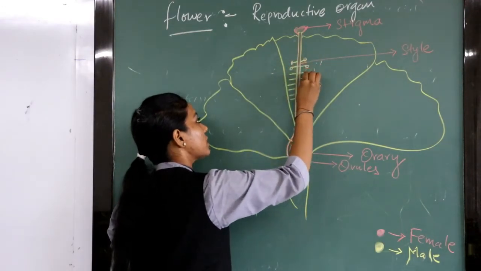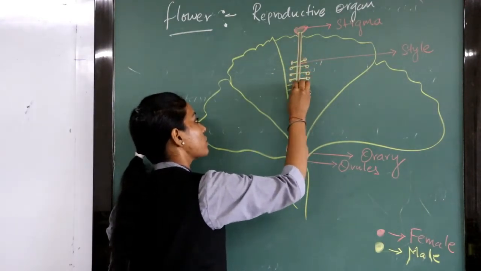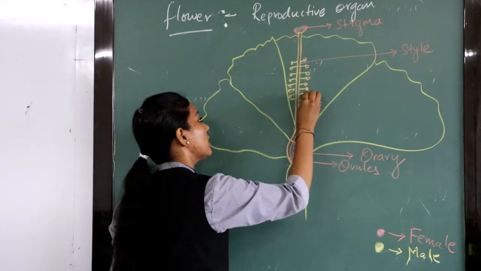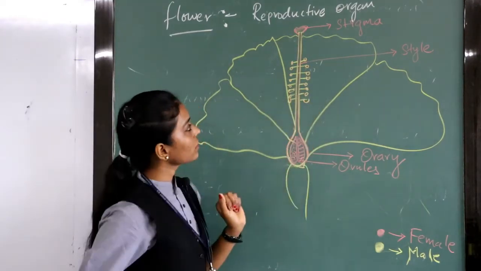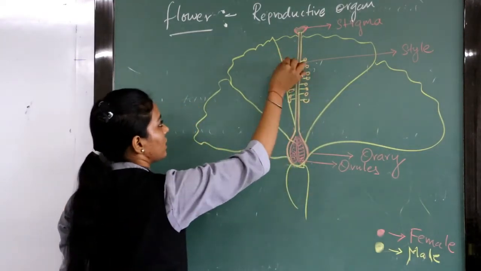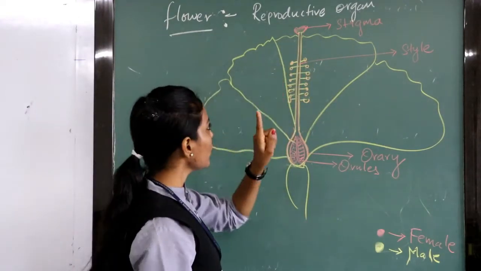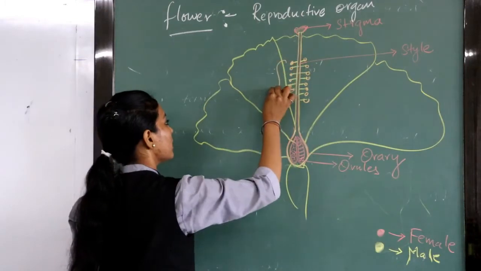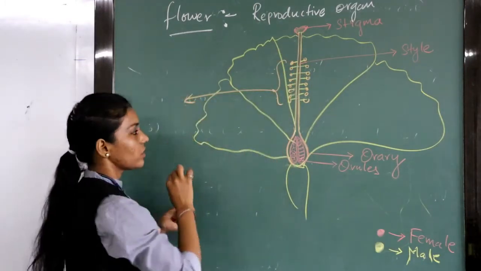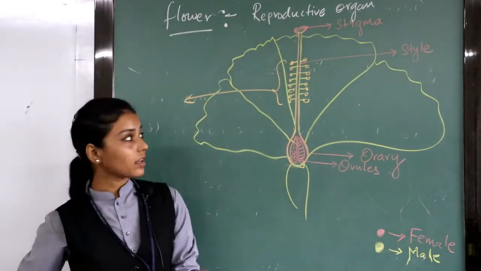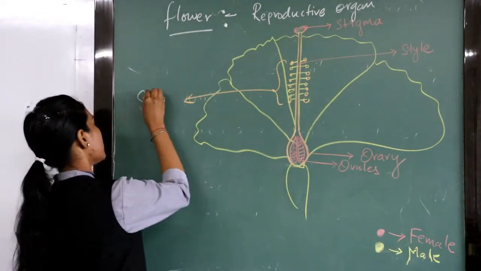For this you need to draw this also in a straight line. So the round part, and see, this male part of a flower consists of only two things. This whole thing that you can see is called the stamens.